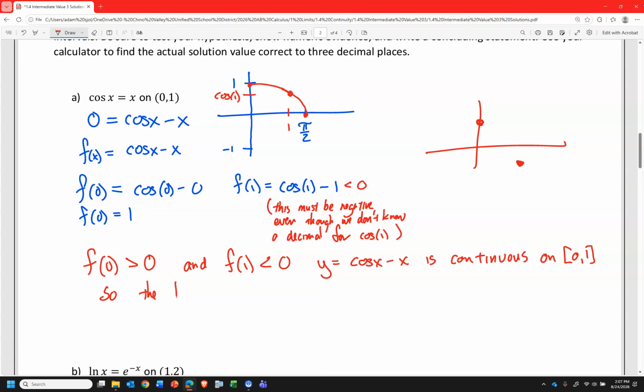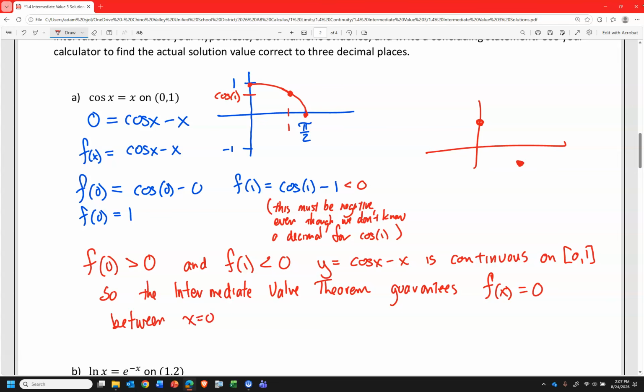So the intermediate value theorem guarantees f of x must equal 0 between x equals 0 and x equals 1.